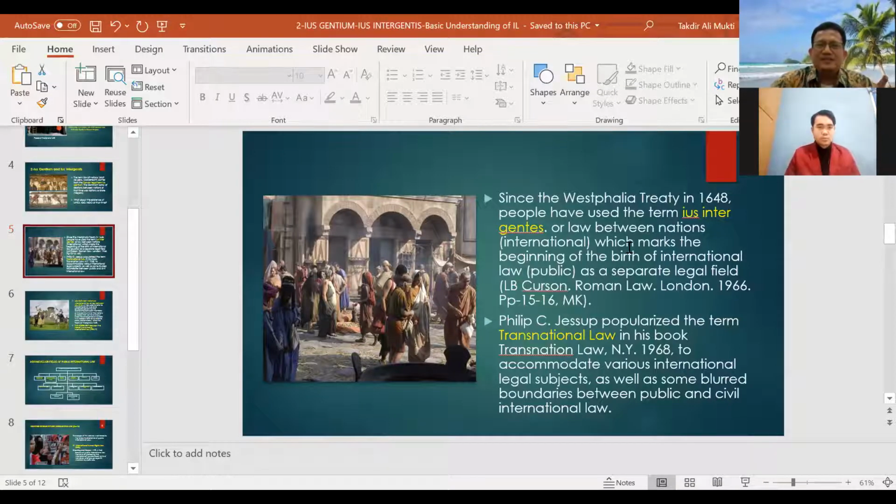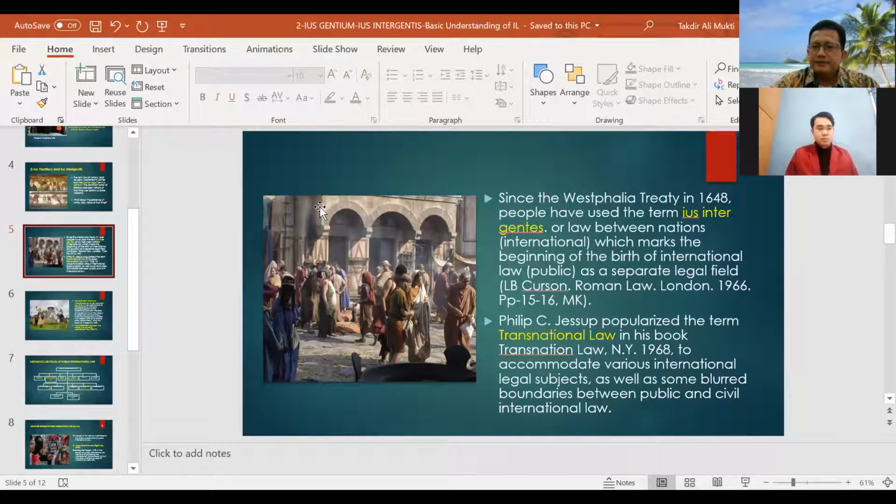Because the subject or actor of international law today is dominated by non-state actors. Yeah, although the state is really still a significant actor, because it represents its people, you can see today how the influence of the United Nations as an international organization or non-state actor is very dominant in the world today.